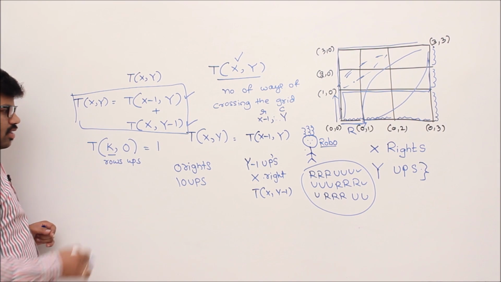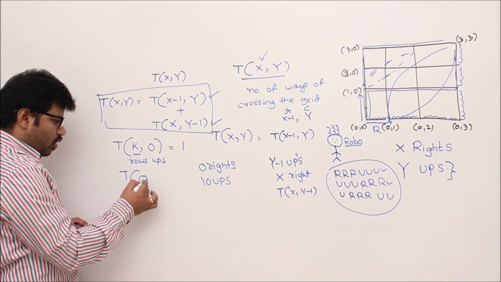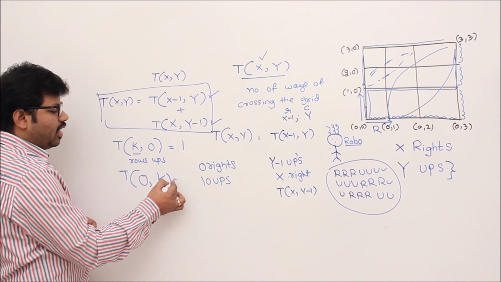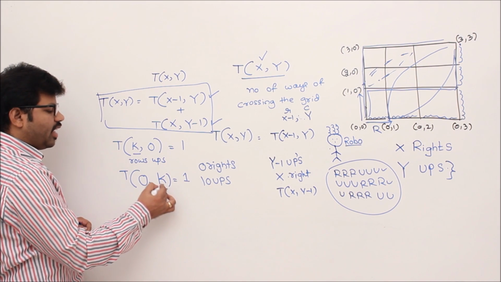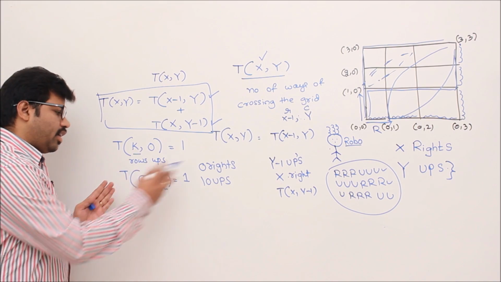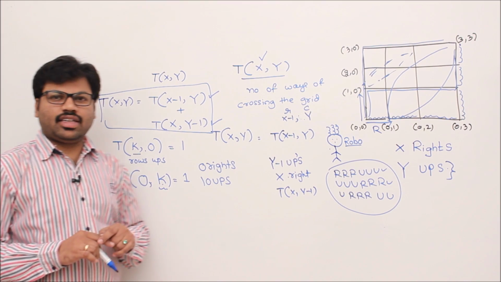So I terminate here. The second termination condition, if I have 0 rows and some k ups, then still I stop. K here means any number of ups, but 0 rows, 0 rights, then I stop. So these two are the termination conditions, okay.